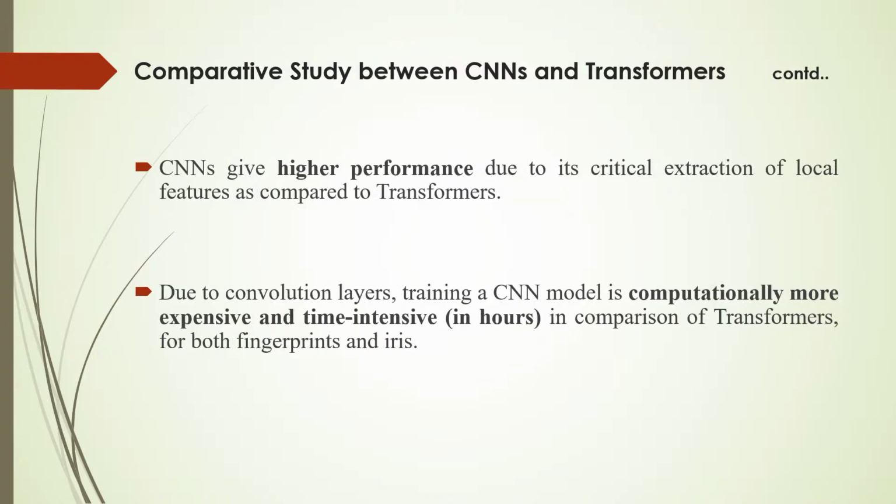Again, CNN may give higher accuracy as it accesses local features as compared to transformers, whereas due to the convolution layers, CNN models are computationally more expensive and time intensive; they may take hours in training in comparison to transformers.